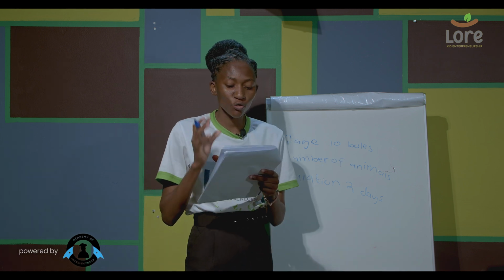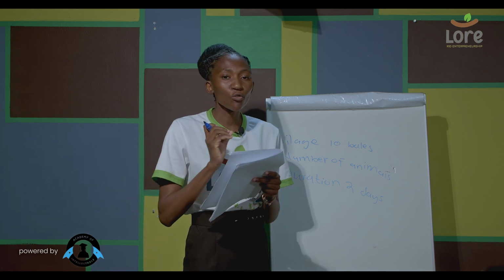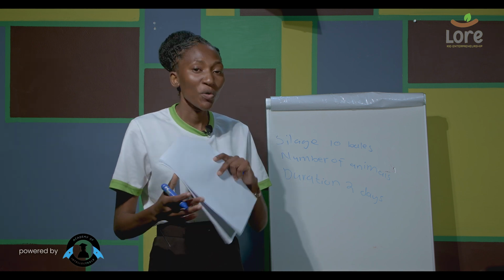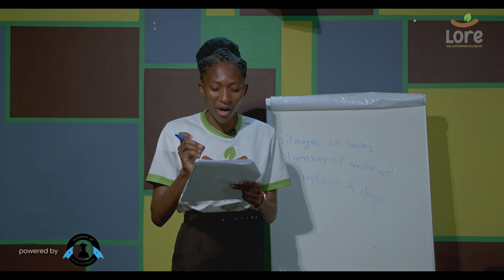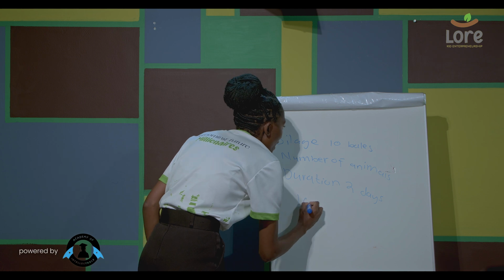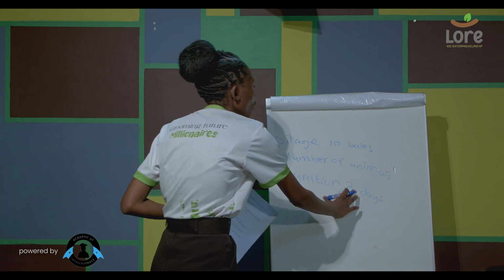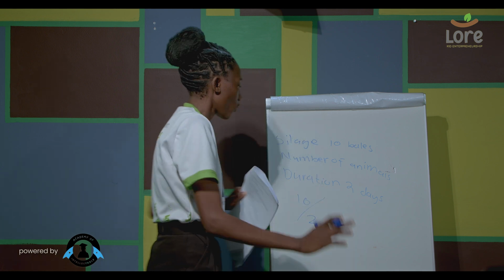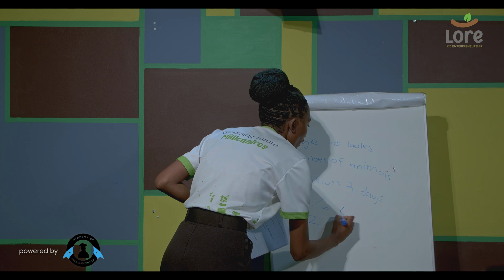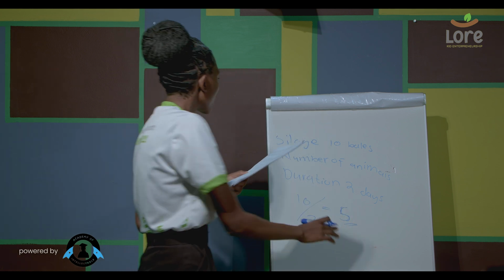Firstly, let's calculate the total amount of silage consumed per day. How do we calculate the total amount of silage consumed per day? We calculate it by dividing our 10 bales by our 2 days. So 10 divided by 2 is equal to 5 bales.